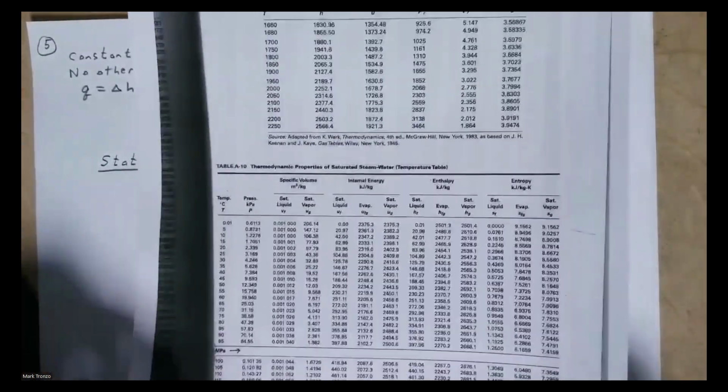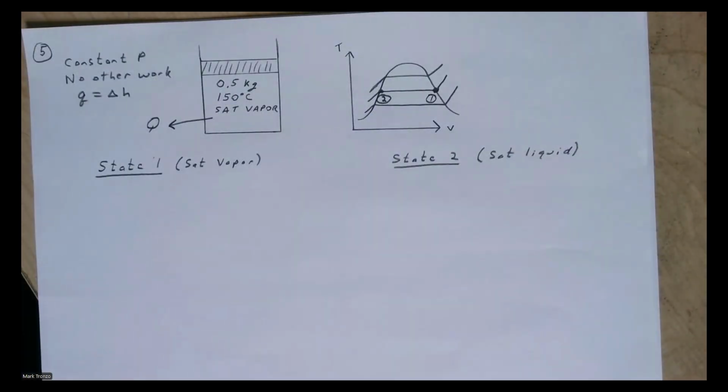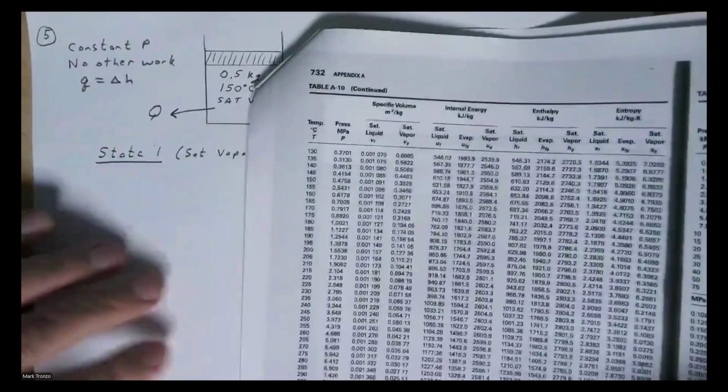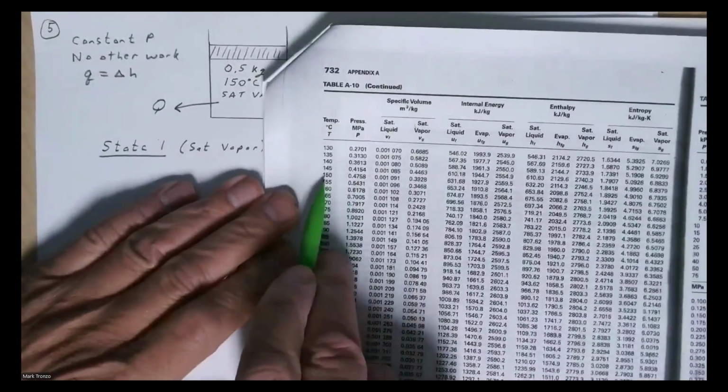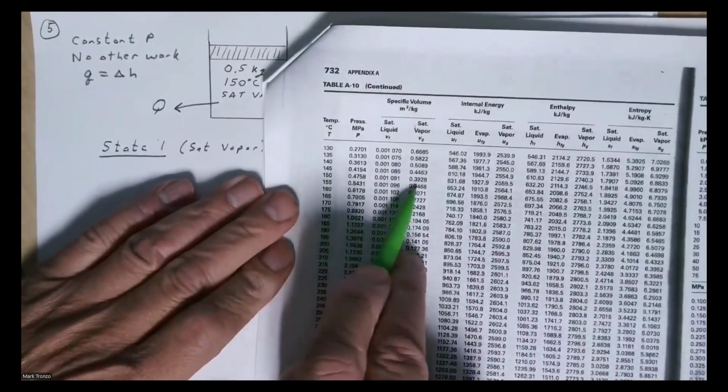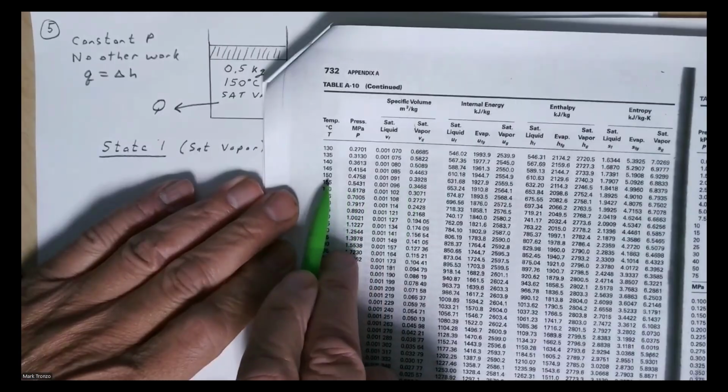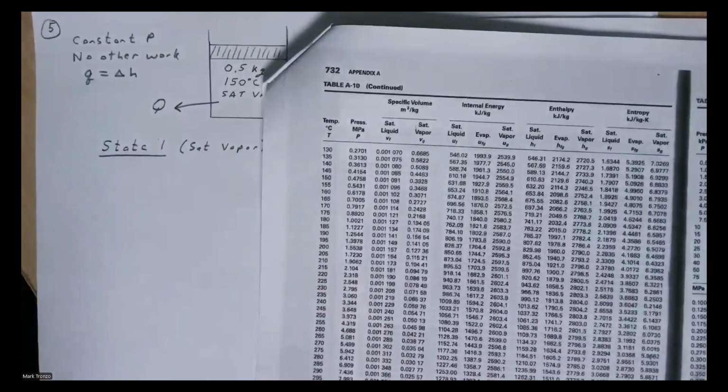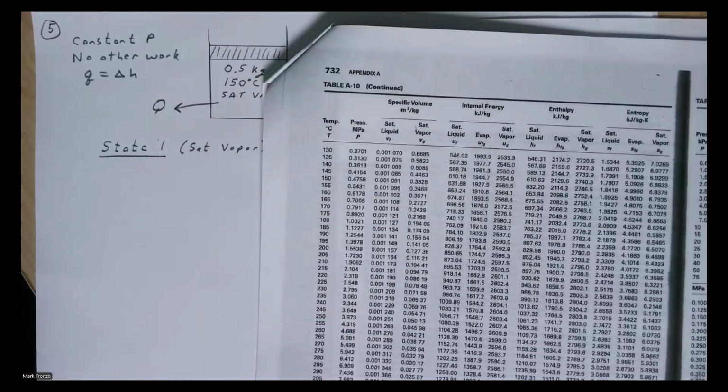Now in my table, that's table A10. You may have a different table depending on what book you're using. So 150 degrees is this right here. And we know we're going to need the enthalpy because we need to know the change in enthalpy.